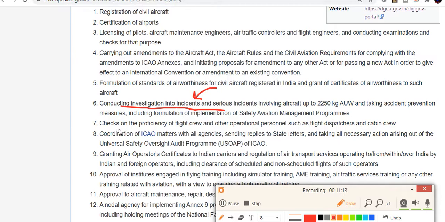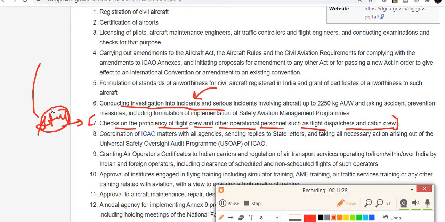Apart from that, checking on the proficiency of flight crew and other operational personnel such as flight dispatchers and cabin crew, they can do this as well. So you can say standardization of aircraft, airport, and the personnel working over there.